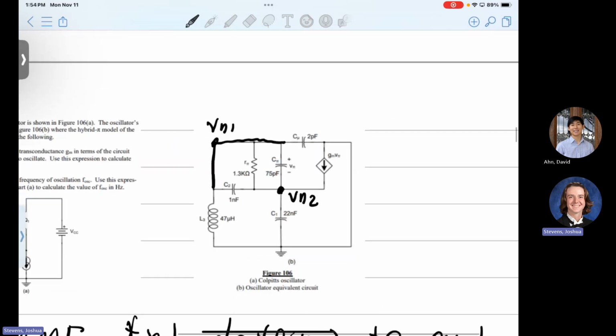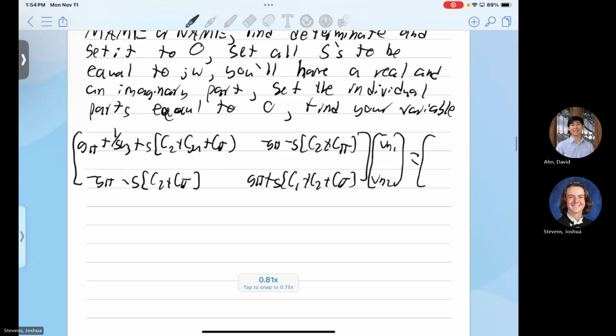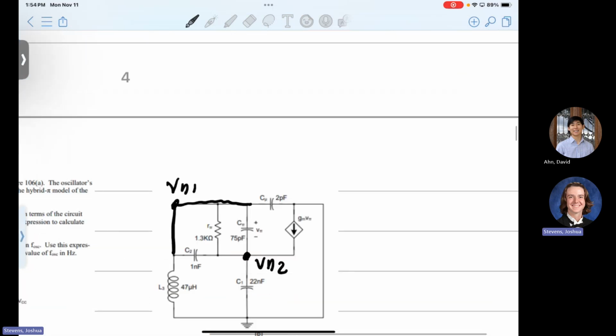Are there any current sources that are attached to VN1? Are there any attached to VN2? Yep. Is it negative or positive? Positive. I agree. 0, and that current source here is GM times V pi.